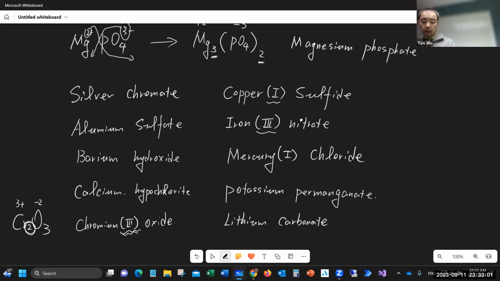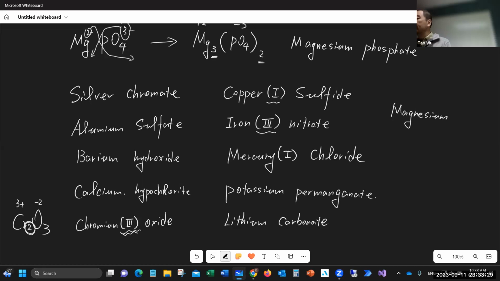Next one is magnesium nitride, not nitrate, not nitrite.